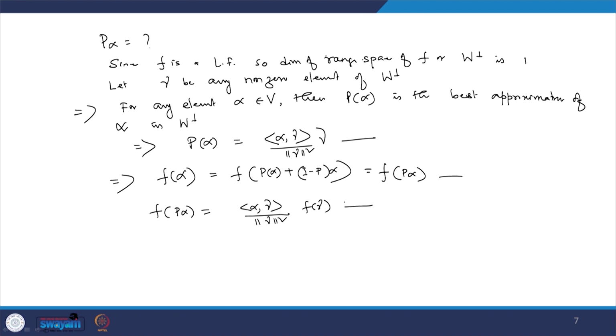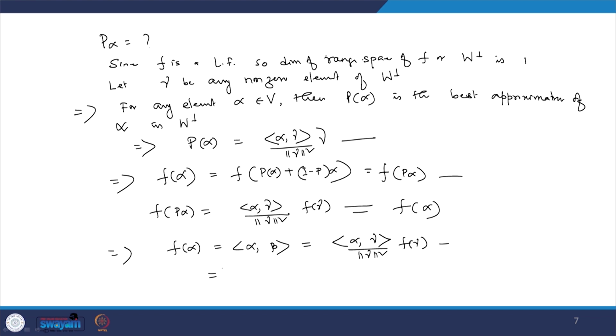So, this implies that this is also equal to f of alpha. So, if I know what is the appropriate beta, I can also calculate from this. So, f of alpha which is equal to inner product of alpha beta is equal to inner product of alpha gamma by norm gamma square and f of gamma.